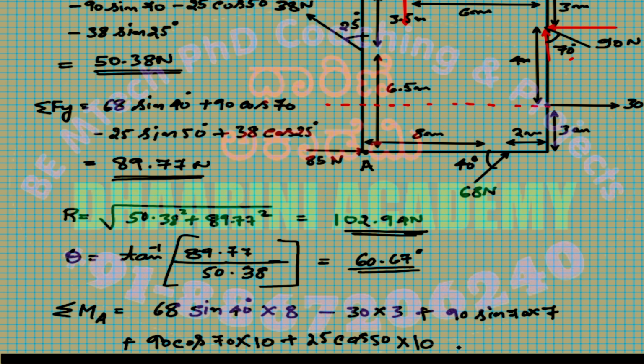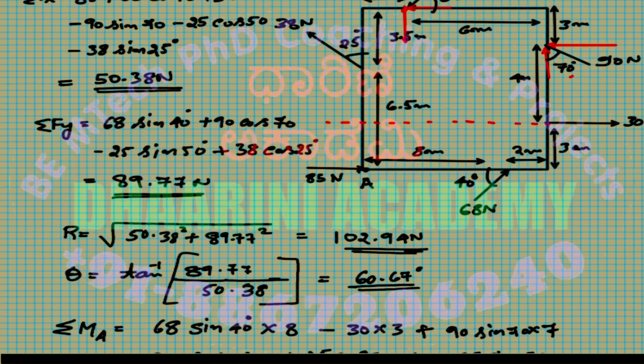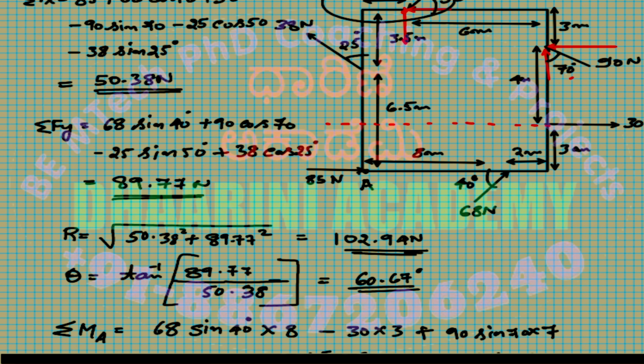Then the vertical component is going to make it rotate downwards. So with respect to A, downwards means it is clockwise, so negative, minus 25 into sine 50 into the distance. Now you see the distance with respect to the y-axis is given as 4 meters over here.